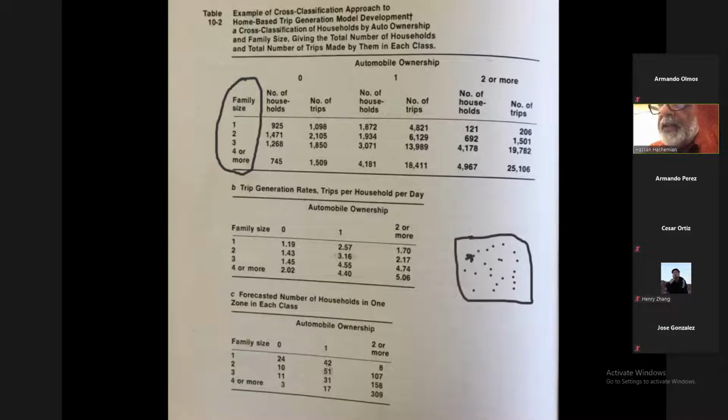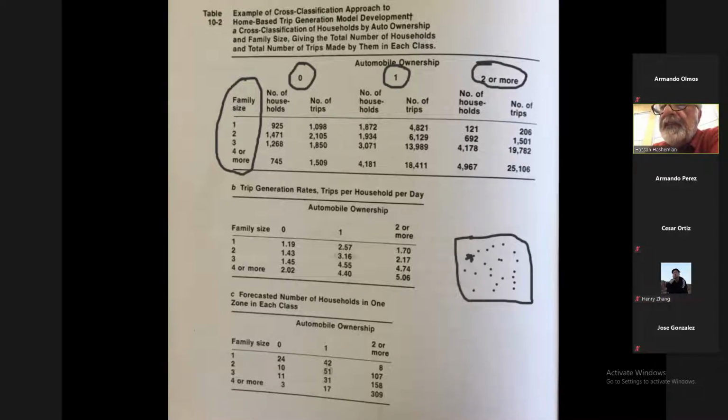Each of them said something different. And we asked them, how many cars do you have? Some of them said they don't have any automobile, 0 automobile. Some of them said they have 1 automobile. Some of them said they have 2 or more autos. So we collected all those data and arranged it according to this table.